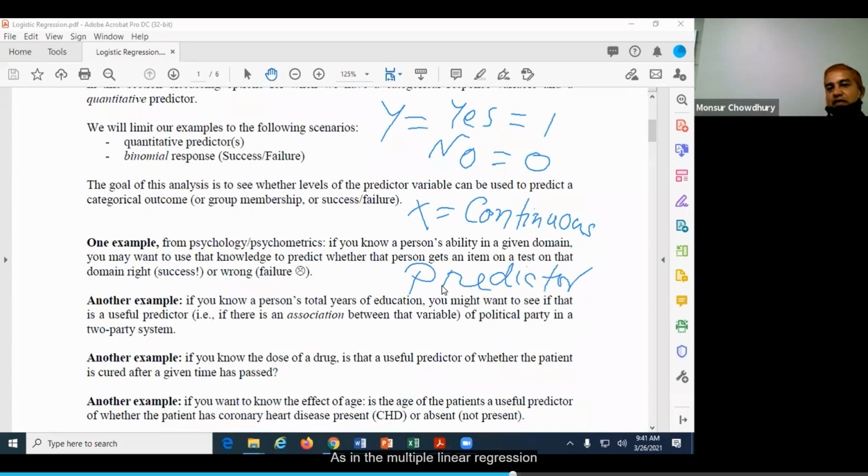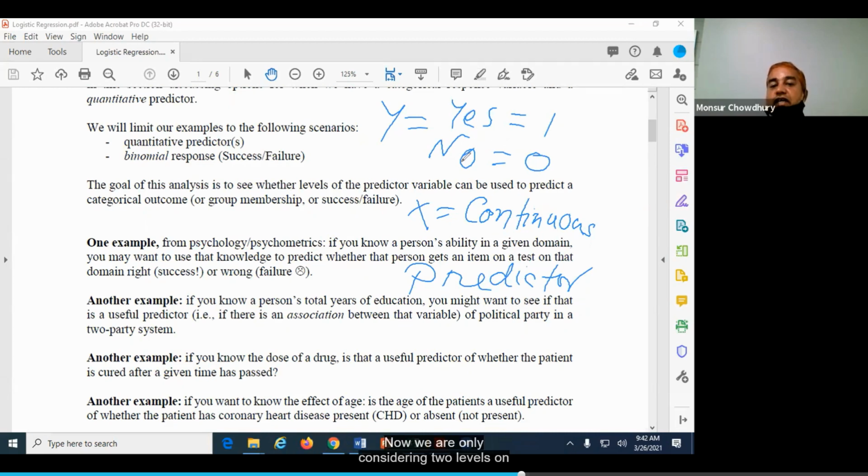Like in linear regression, if we have only one predictor, this is simple linear regression. If we have multiple predictors, we call it multiple linear regression. So here if we consider only one predictor, this is called simple logistic regression. But if we include more predictors, then it will be multiple logistic regression.